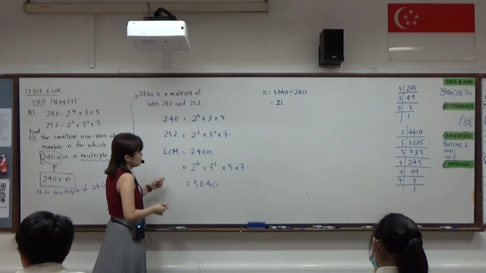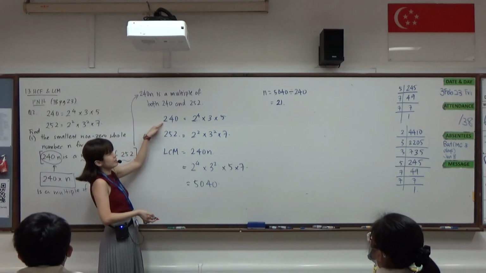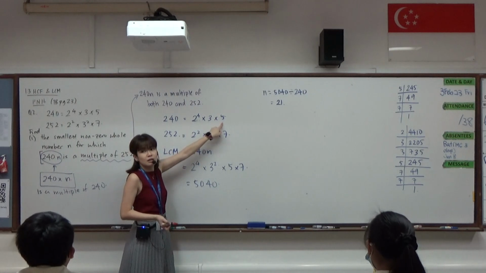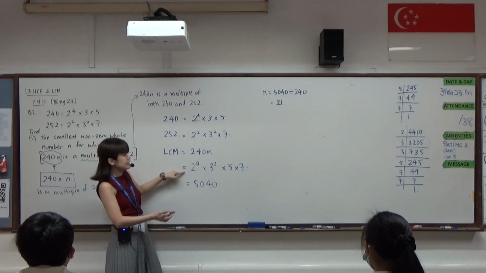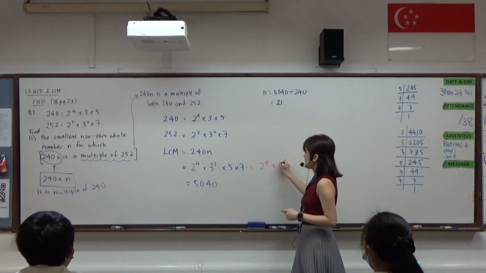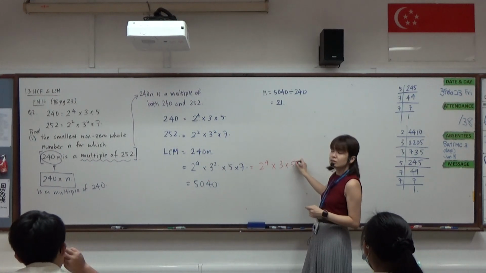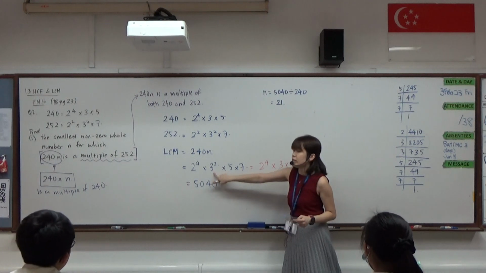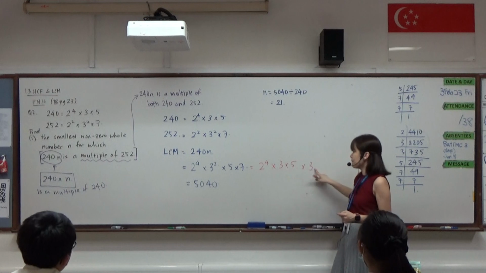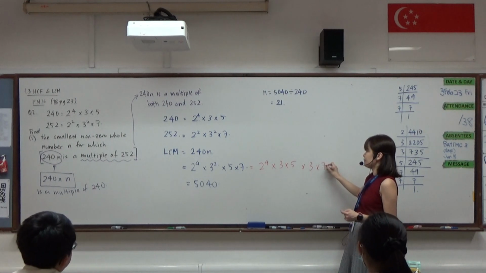Alternatively, you can see that 240 is made up of 2 to the power of 4 times 3 times 5. I can rewrite it as 2 to the power of 4 times 3 times 5 first. I still have one more 3 that is missing since it is supposed to be 3 squared, and then I have a 7.